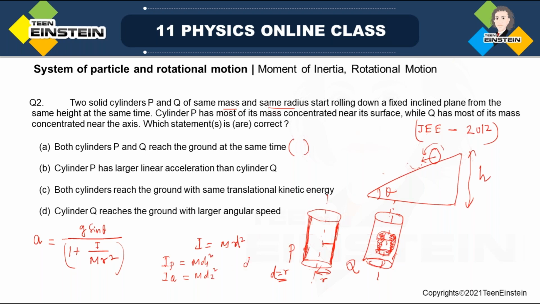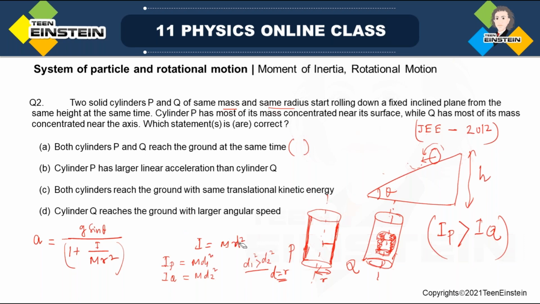You look, this d1 square is much greater than d2 square because the mass is concentrated very near the surface. So that's why the moment of inertia for cylinder P will be greater than the moment of inertia for cylinder Q, because Q has mass distribution near the axis.